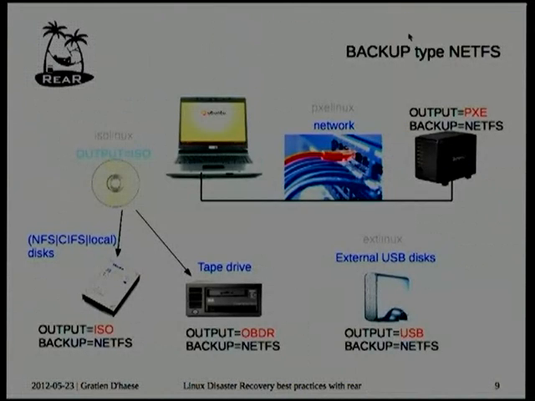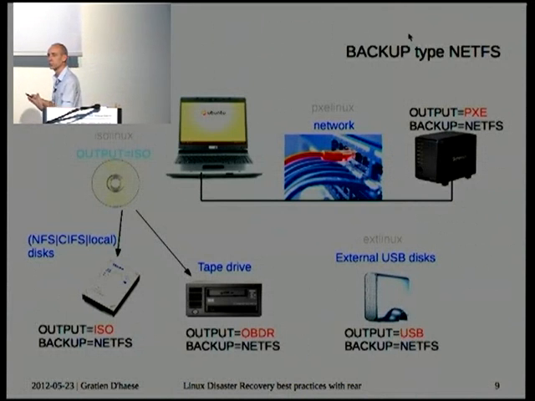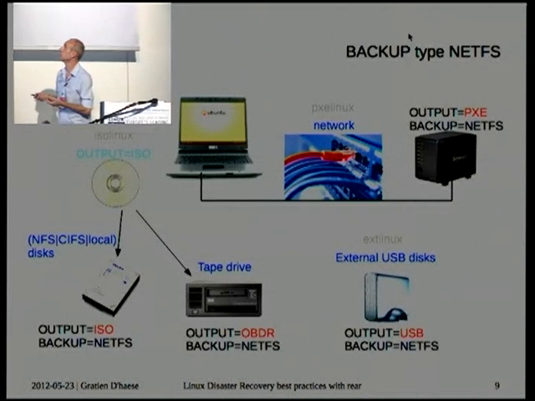Like I said, I will focus today on the NETFS type. Within the NETFS backup type, you can use ISOLINUX, but that's to make an ISO image, okay? Or if you want to boot over the network, then you need to use PXELINUX.